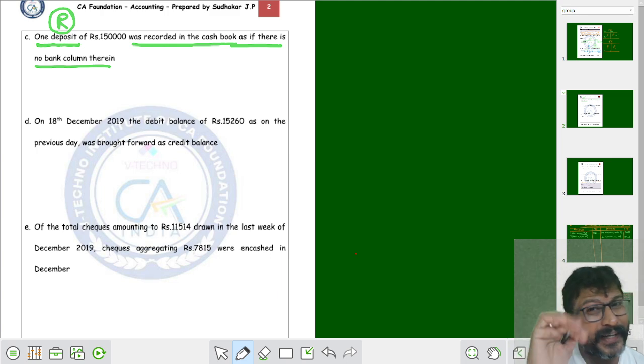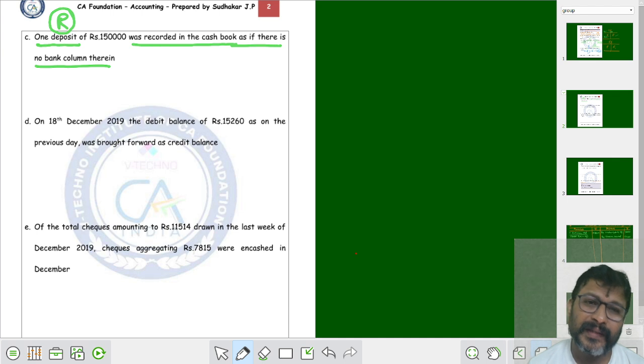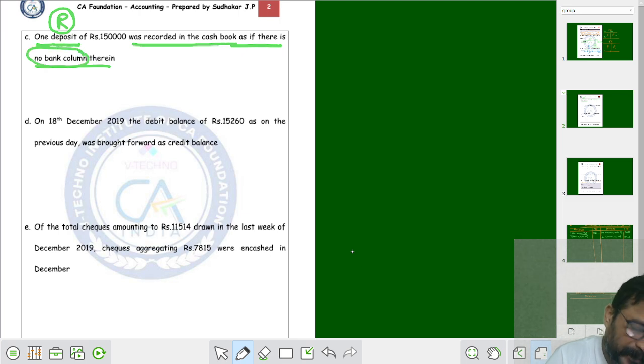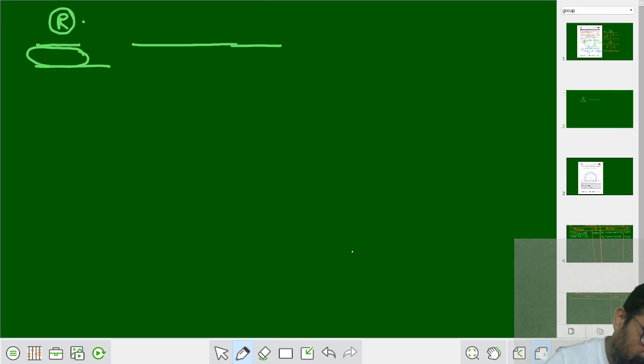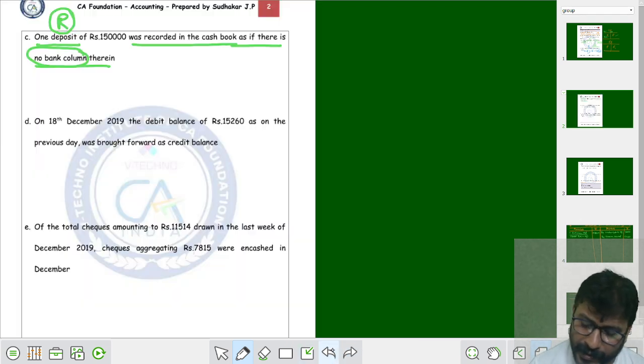No, that is not the case, my dear kids. Recorded in cash book, entry done, as if there is no bank column. What do you mean by as if there is no bank column? Not recorded in cash book. What is not recorded? A deposit is not recorded.